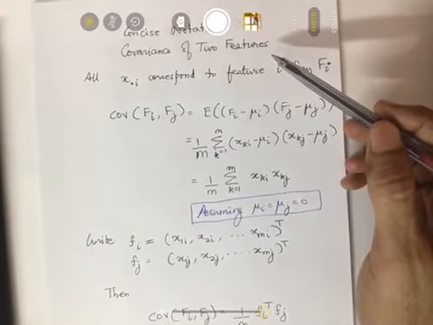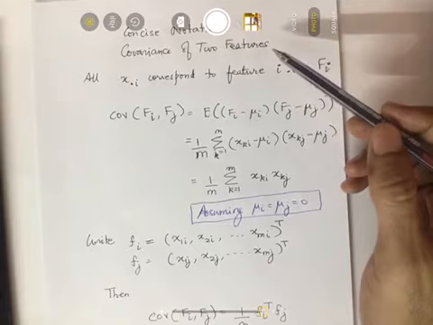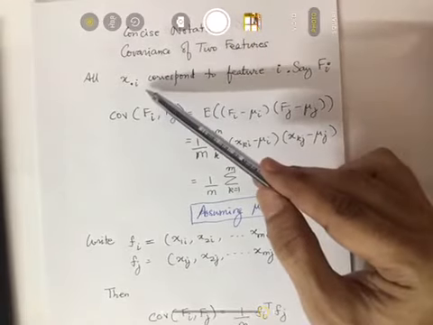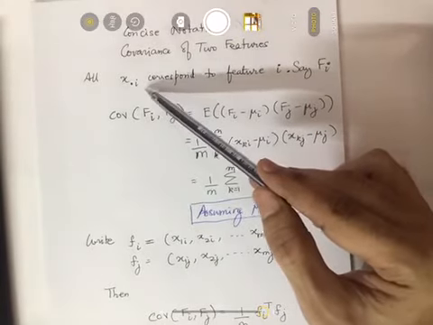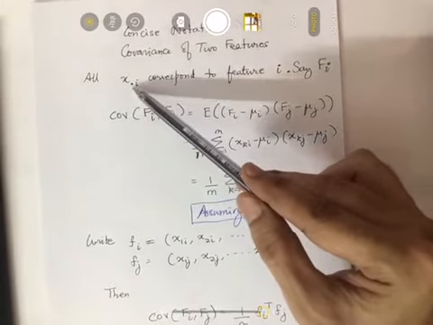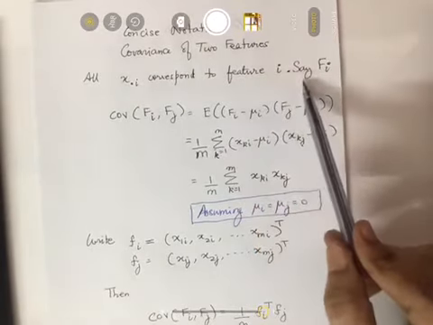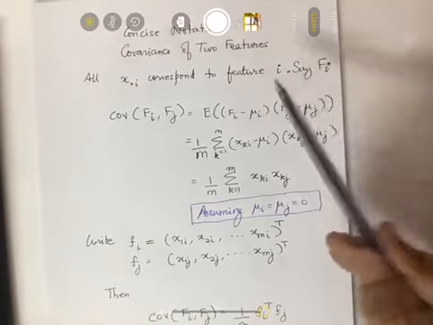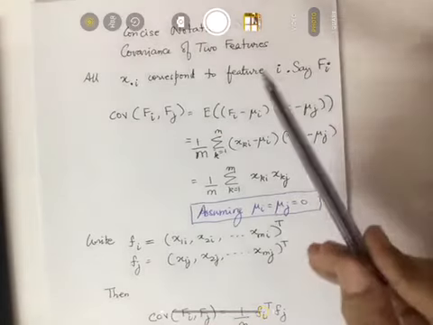So let us say that feature number i, which means all the numbers x something i, meaning the ith feature across all the examples, corresponds to feature i, and let's call it capital Fi. So capital Fi is a random variable representing the value of the ith feature.